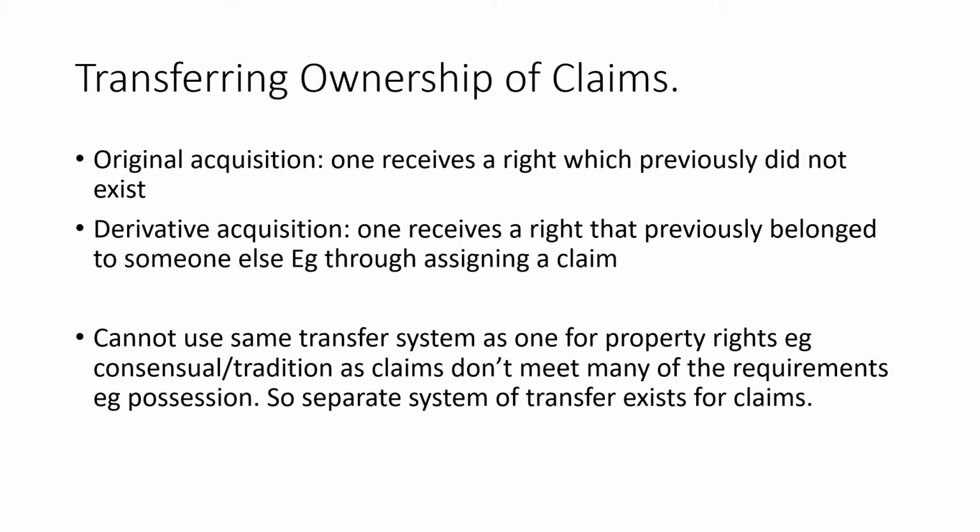And we're not using the consensual or traditio systems, whatever that dichotomy was for the other property rights, because claims don't meet the requirements to count as a property right. So there's a separate system of transfer that exists for claims.